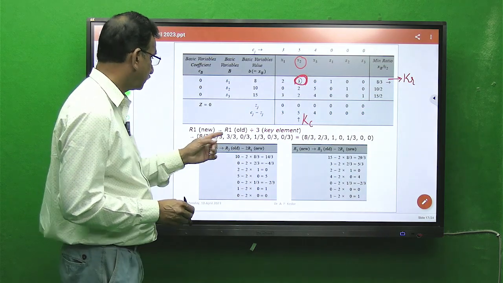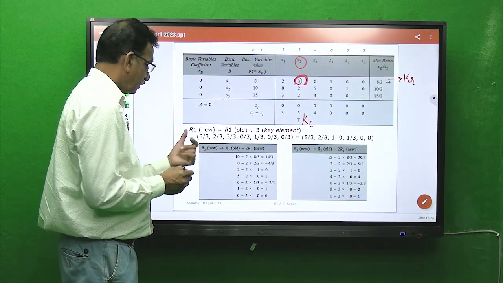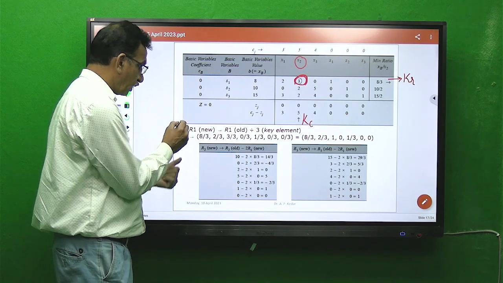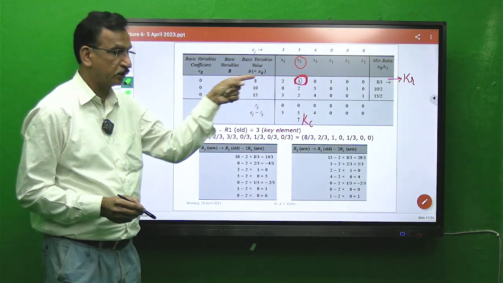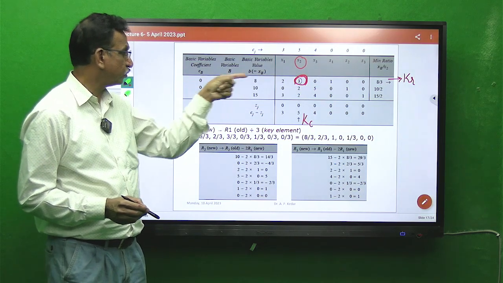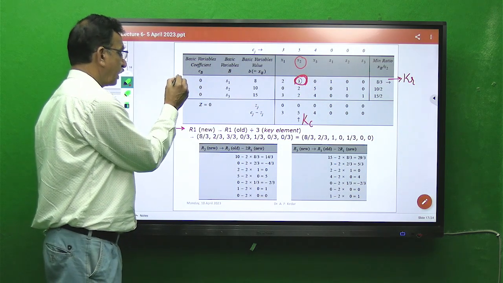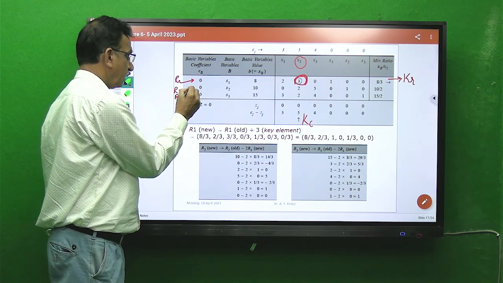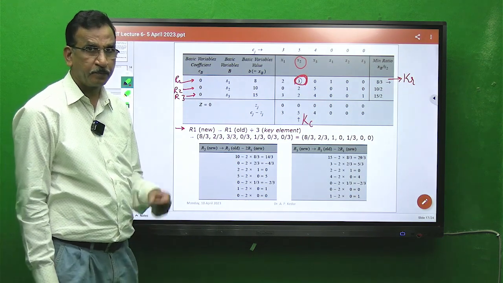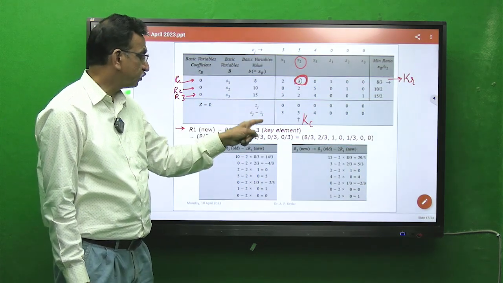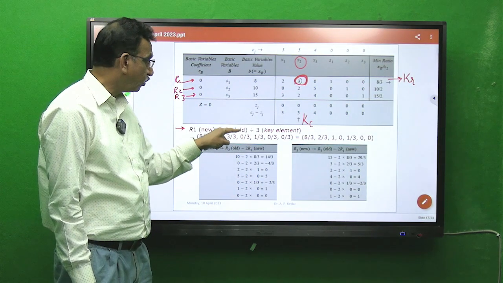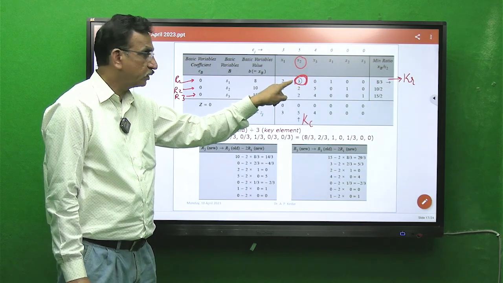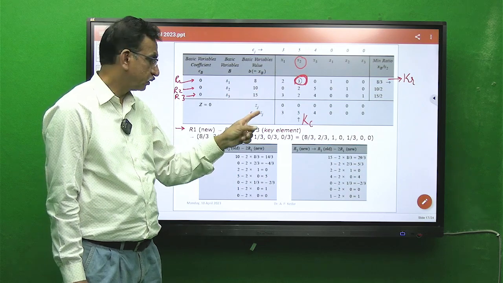So here you can see it is written new R1. R1 means row 1; this is R1, this is R2, and this is R3. Getting it? What do we have to do? This is R1 old. What do we have to convert? These 3 into 1, the key element.